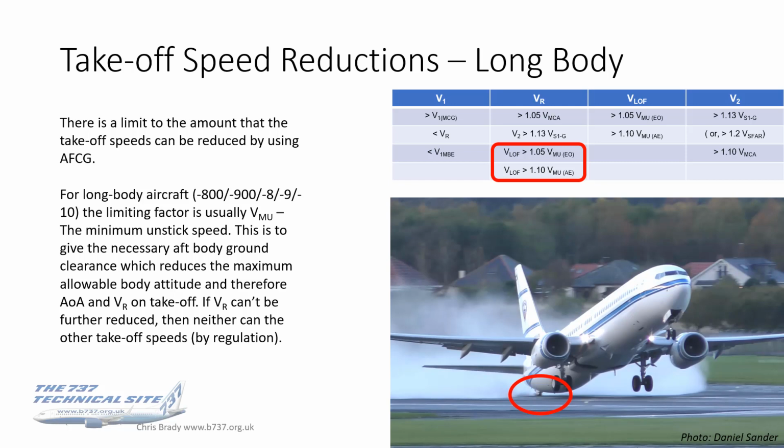Once VR is set by those, then in certain cases your V1 and in pretty much all cases your V2 are also similarly limited. So that's the limiting factor for your long-bodied aircraft, VMU, and that's purely because of the length of the fuselage.